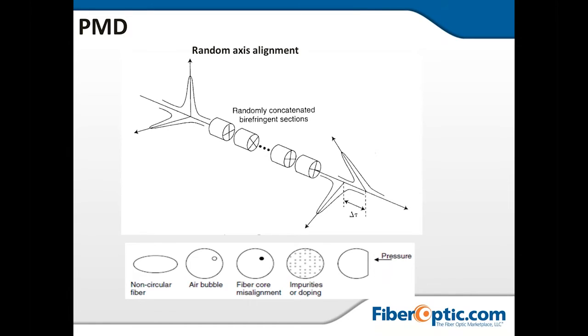Now, with the advent of the newest fibers, NZDS, they changed the manufacturing process for all of them to tighten up on those tolerances on the core geometry, cutting down on PMD issues in the field. I said cutting down, not eliminating. Nothing eliminates PMD.